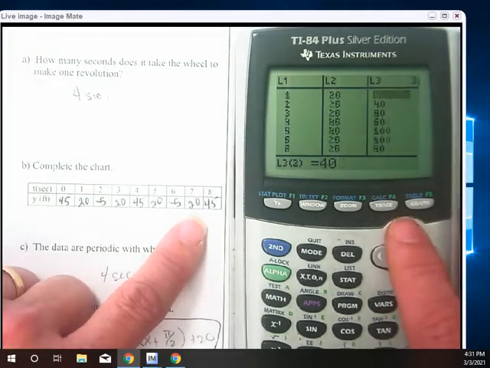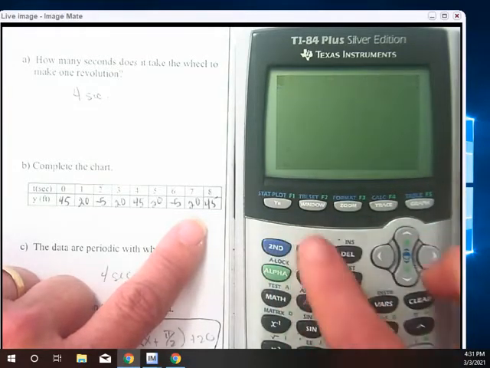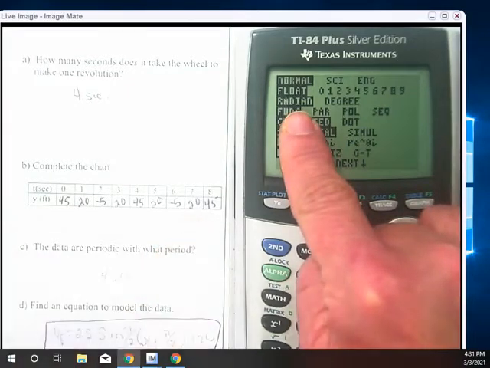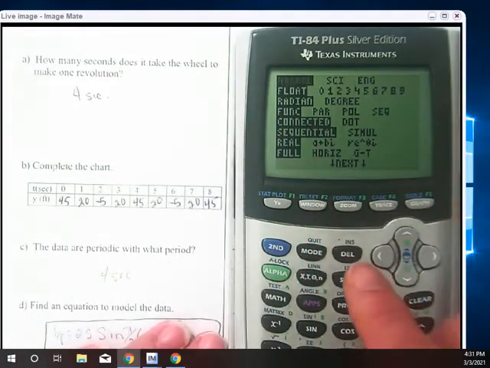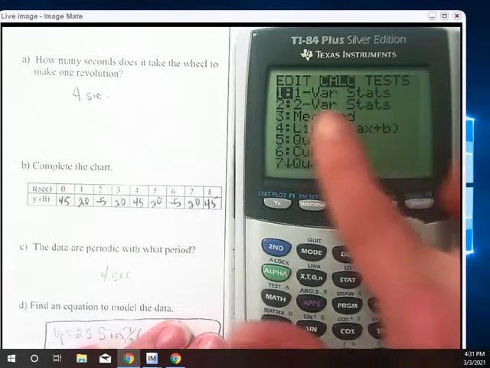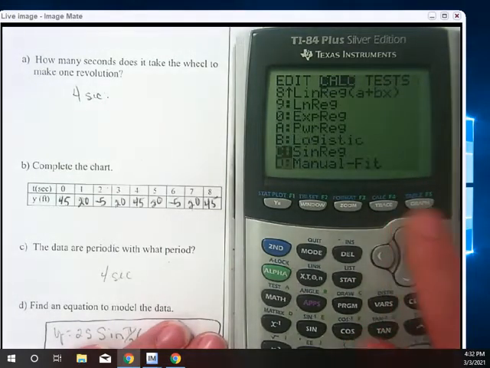Now I don't need this list 3, but I'll clear that out. And then I'm going to check my mode and make sure my calculator's mode is in radian. I am going to push the stat button and calc by arrowing over, and I need to go down until I find the sine regression right here.